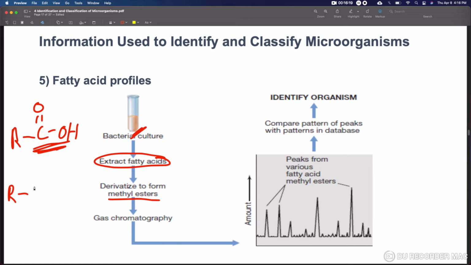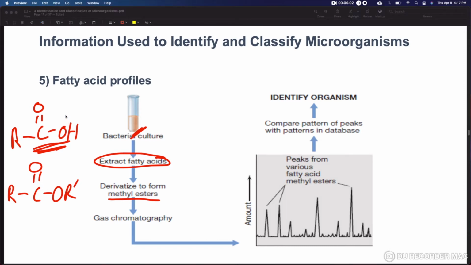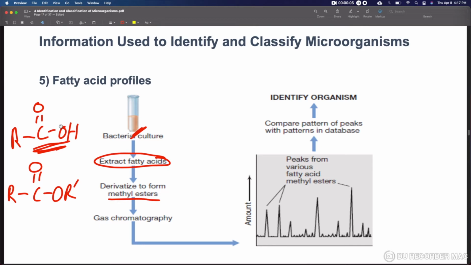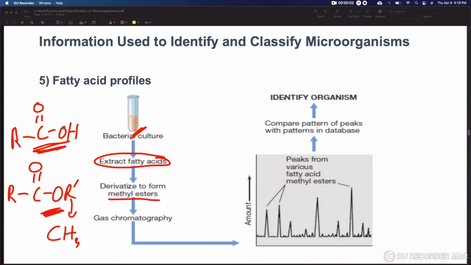So instead of RCOOH, we're going to make it RCOOR prime. Okay? So again, this is a carboxylic group. This is an ester, but the R here is a CH3, a methyl. So we convert the carboxylic group of those fatty acids into a derivative methyl ester.